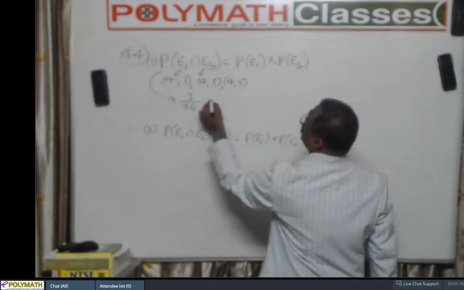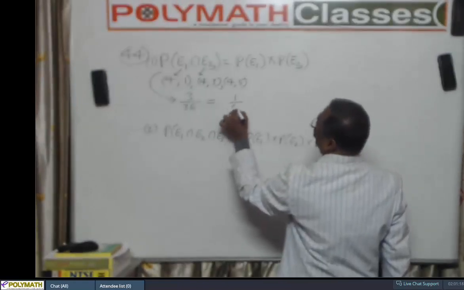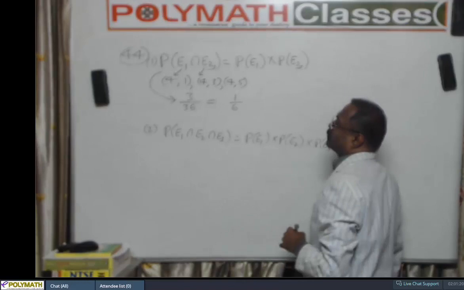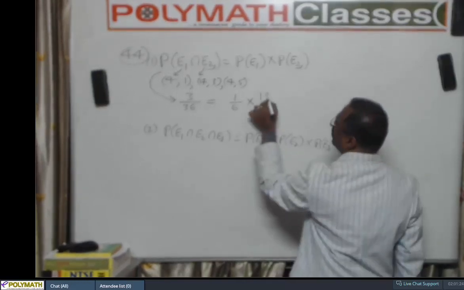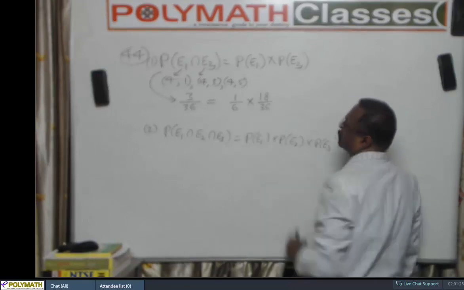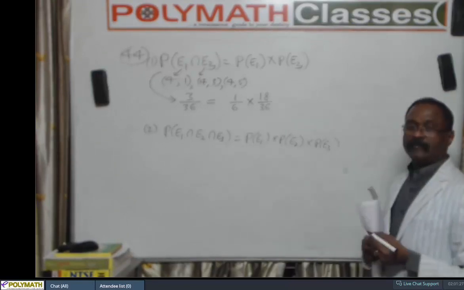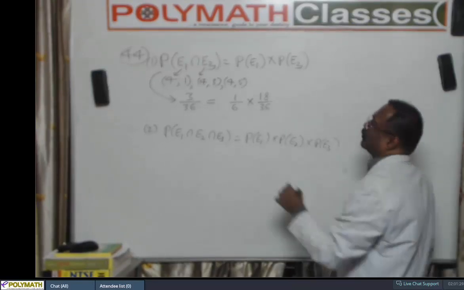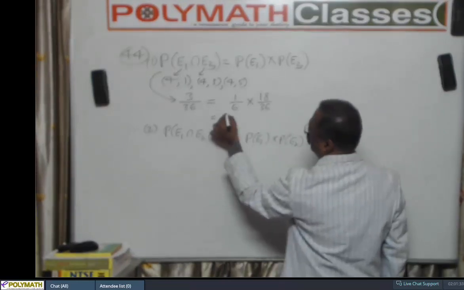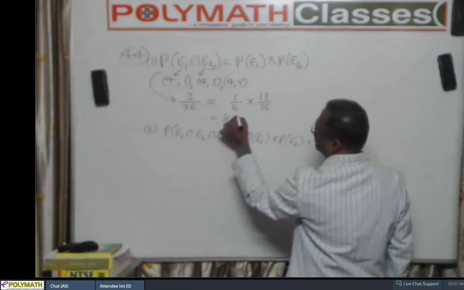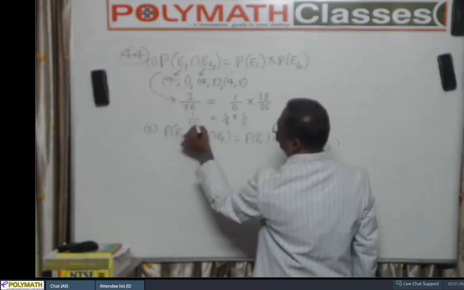And what is P of E1? We have seen it already, 1 by 6. P of E3, please: 18 by 36, half of them. Half of them become odd. I explained that. 1 by 6 into 1 by 2 is 1 by 12. So this is a correct statement.